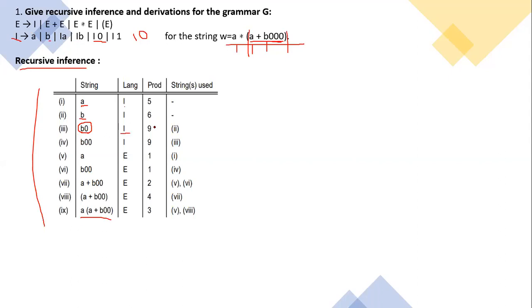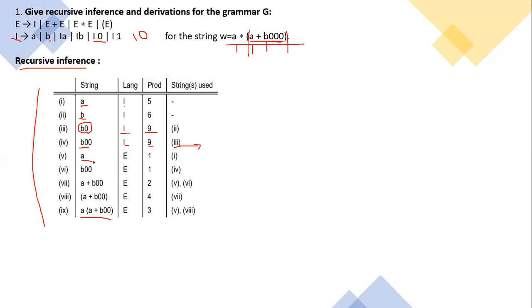Is it clear? The production number is mentioned here and B00, the same I. The production name is 9, and now my value is having B00. Again another 0 is needed here, missed. So the next one is B000, that is also I and also the 9th production.